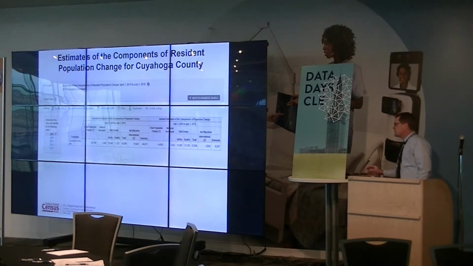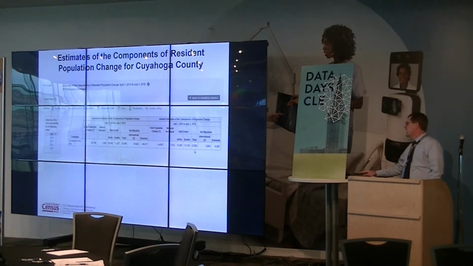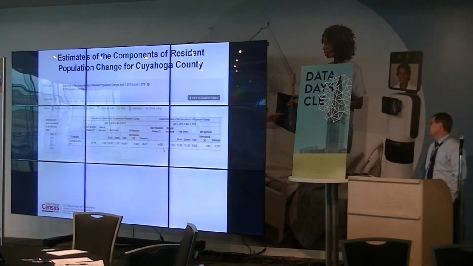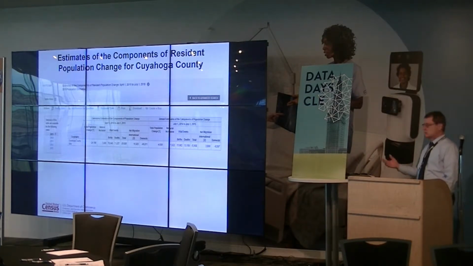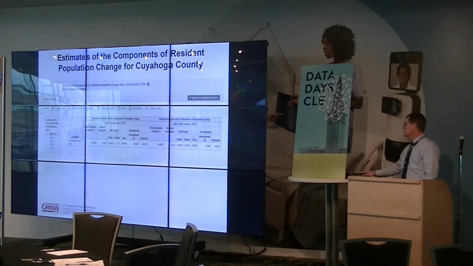You can see on the far right here that Cuyahoga County lost almost 4,700 people from July 2014 to July 2015. And most of that was due to domestic migration. It gives you the births, the deaths, and then international and domestic migration.